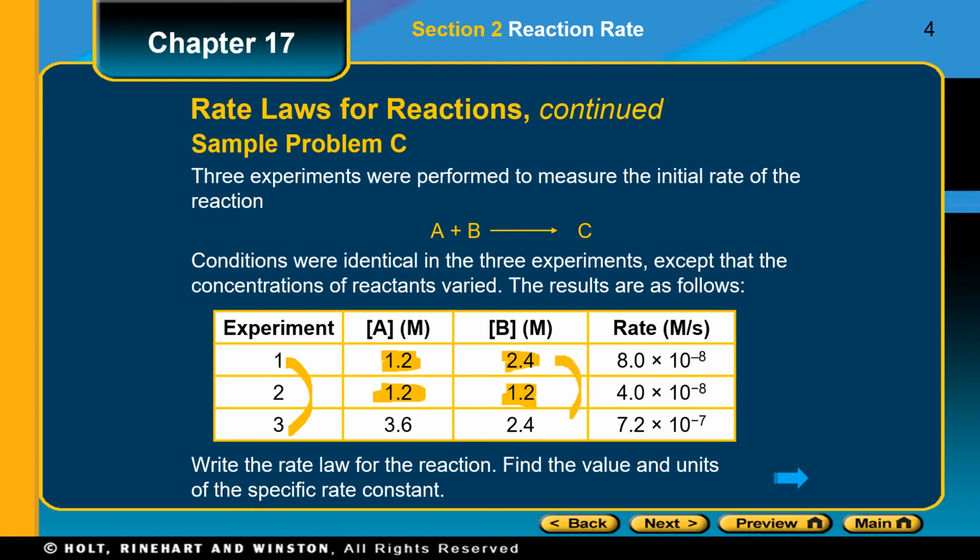So notice that between 1 and 3, the concentrations of B were the same. But between 1 and 3, the concentrations of A changed. So it's kind of important to notice those patterns here, because that will be very important in helping us write this rate law. So we're going to write the rate law for this reaction. Then again, we're going to find the value and the units for our specific rate constant called K.